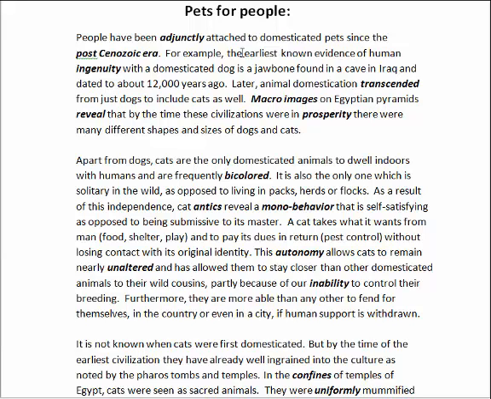And we find that right here. Here's our word. We read the surrounding area and that sentence. Macro images on the Egyptian pyramids reveal that by the time the civilizations were in prosperity, there were many different shapes and sizes of dogs. Reveal is going to do it again. It's going to show, because of the images.